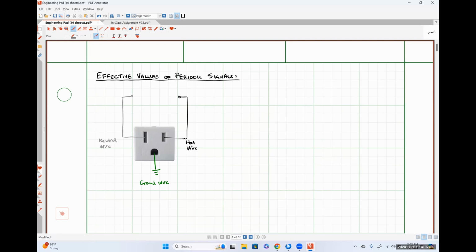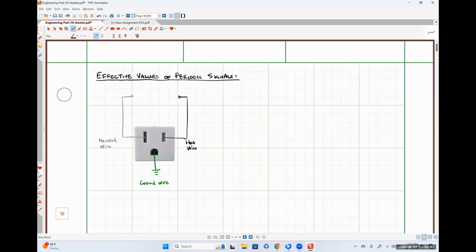And just for what it's worth, some of the outlets in your home might have the slots on the neutral wire side and the hot wire side be the same size. That typically means that the polarity of the voltage applied across whatever you're plugging in doesn't matter.